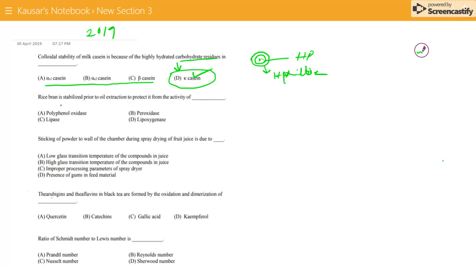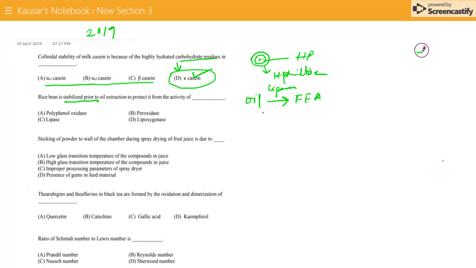Next question is: rice bran is stabilized prior to oil extraction. Rice bran is a byproduct of rice milling, and this rice bran contains oil. This oil has very little shelf life because it gets converted into free fatty acids readily, as rice bran contains the lipase enzyme, which breaks down the fat into free fatty acids and causes rancidity.